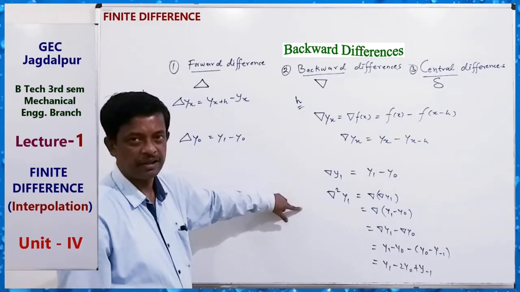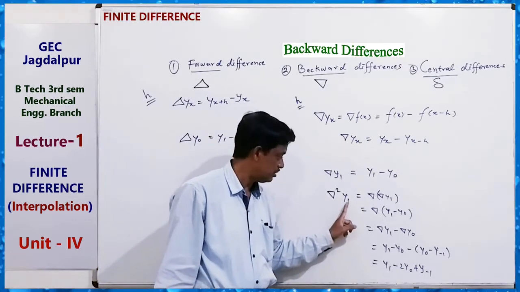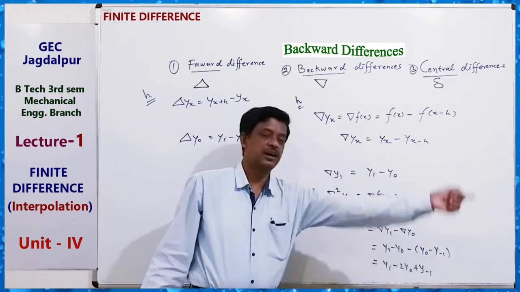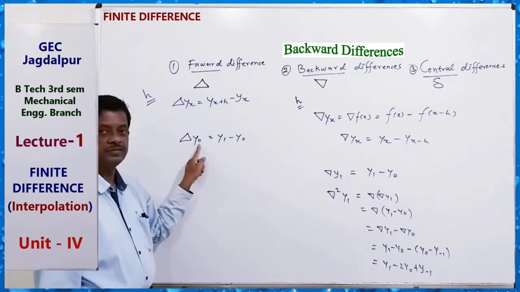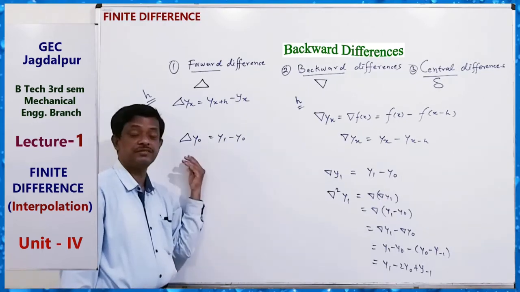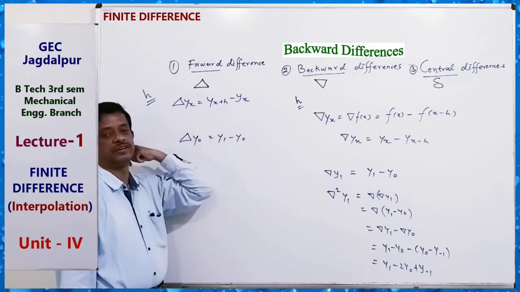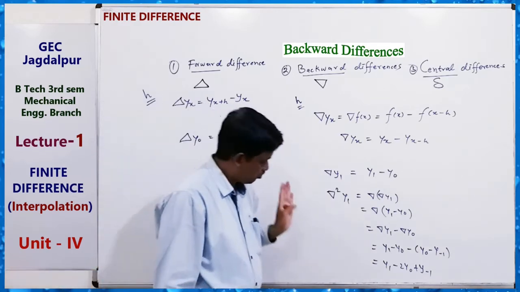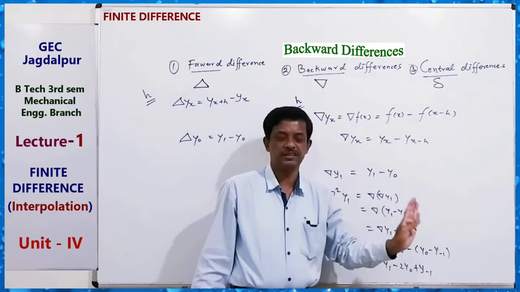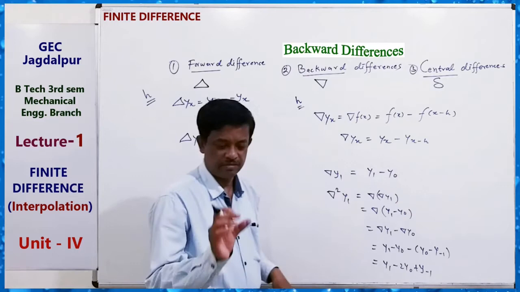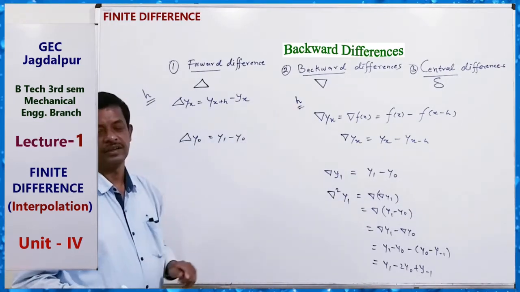So here the index, the suffix, is the main thing. From y1 it starts decreasing. Here in reverse order we can see from 0, it starts 0, 1, 2, 3, 4 increasing, and backward from 1 and then subtract, decreasing by as many times as the number of intervals of differencing.